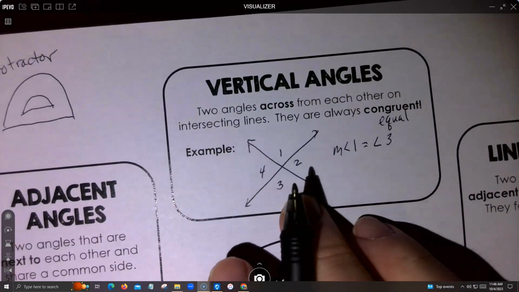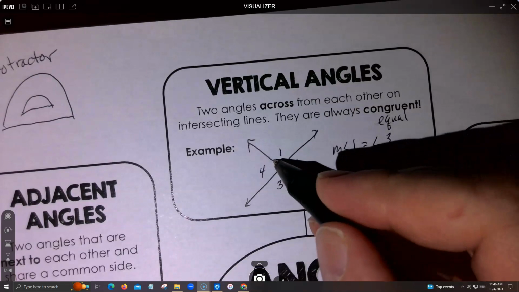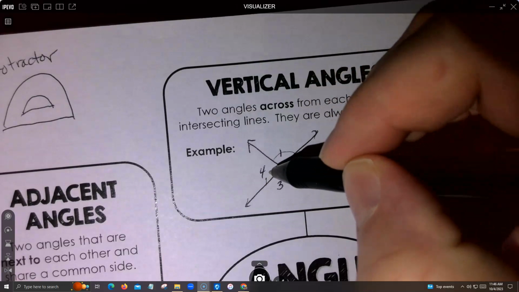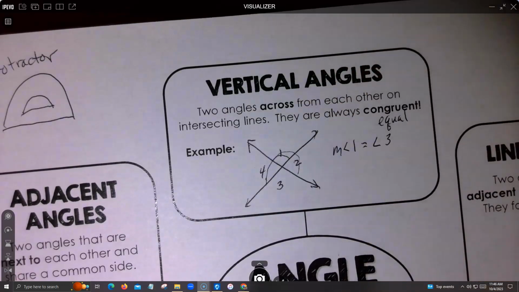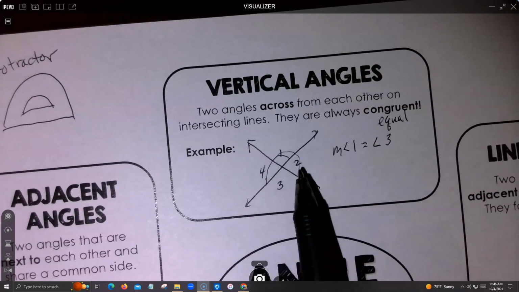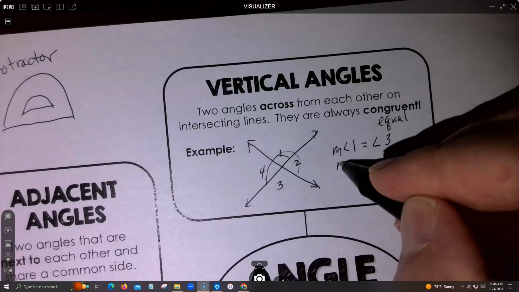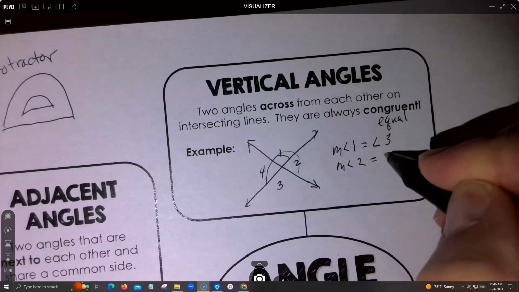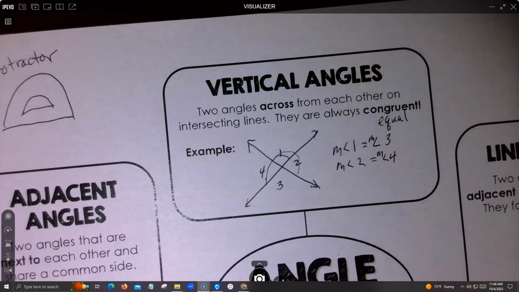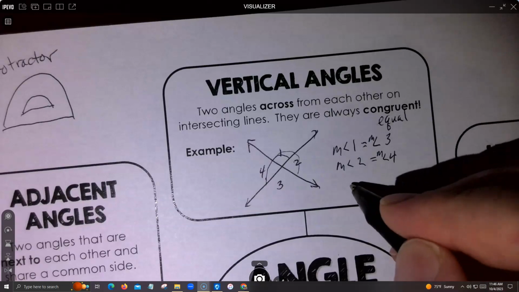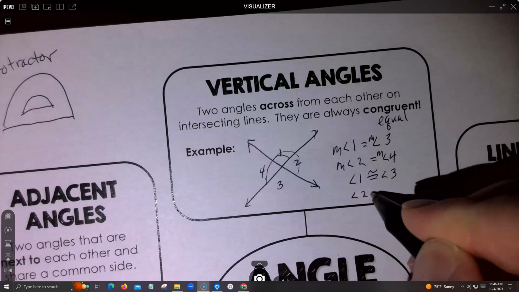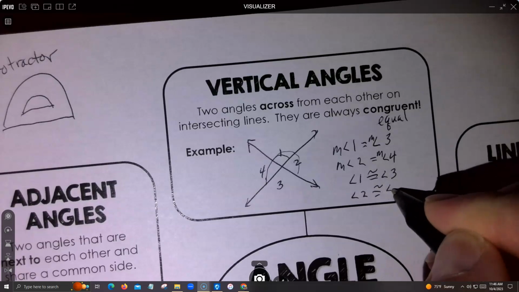Same idea, if I put the protractor down on here and measured angle 2, and then on here, I will find that angle 4 has the same measure as angle 2. So the measure of angle 2 equals the measure of angle 4. Those are equal. So again, you would say angle 1 is congruent to angle 3, and angle 2 is congruent to angle 4.